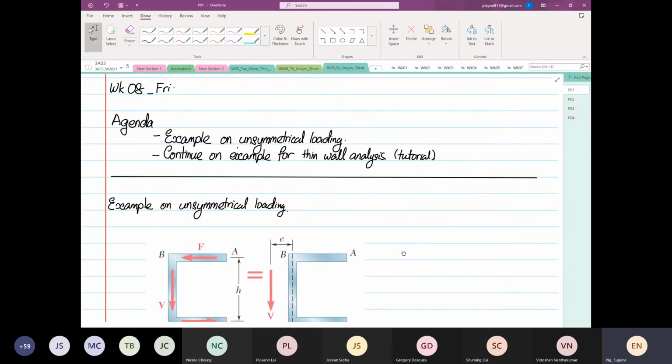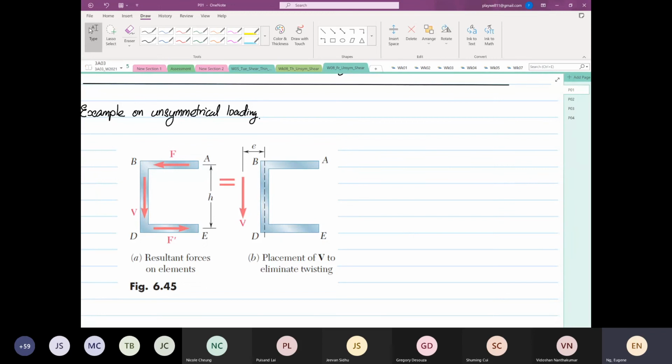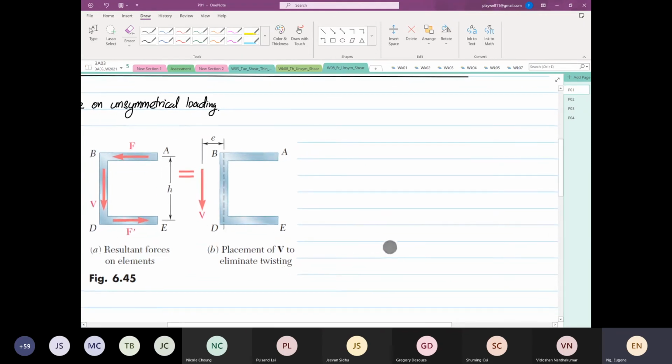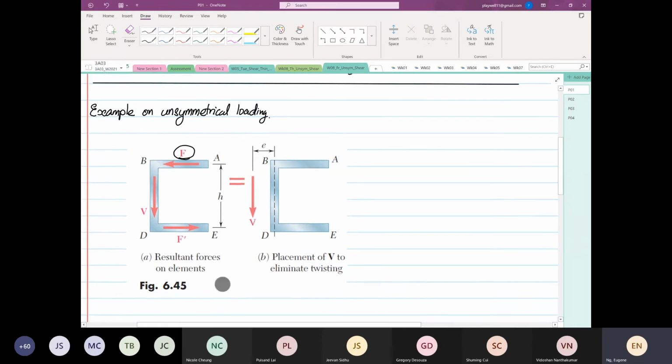I hope so. Now, before I go on, I'd like to firstly declare this. Whenever from here on you see F, which is this F here, and you also see this V, they are all the same. And then you see F prime.